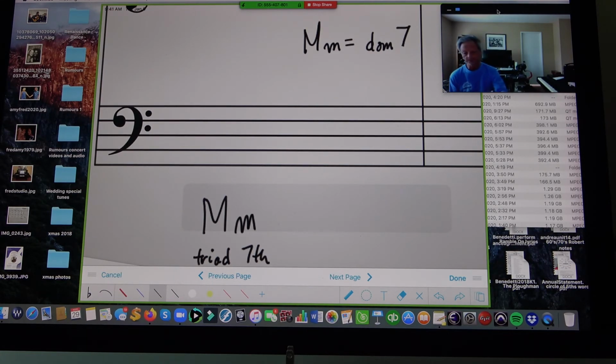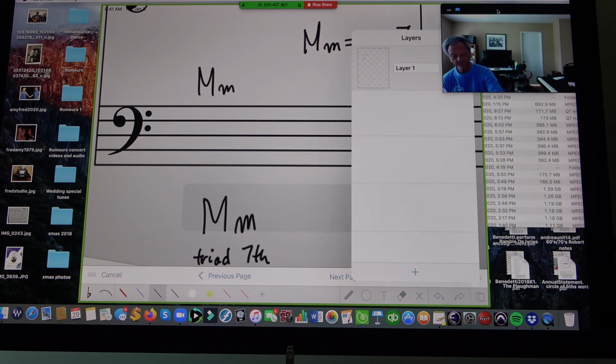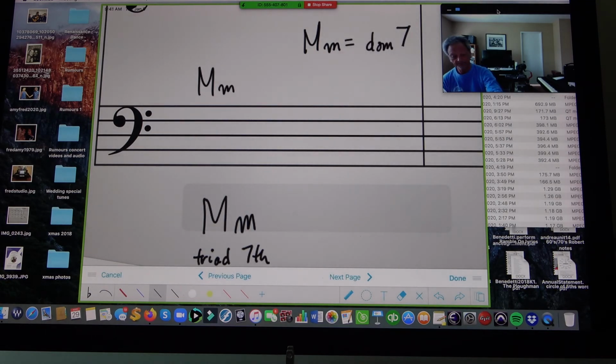And so if I said, what is the equivalent here of this? I got to get rid of this here. Okay. Of, let's say of C. That would be G7.